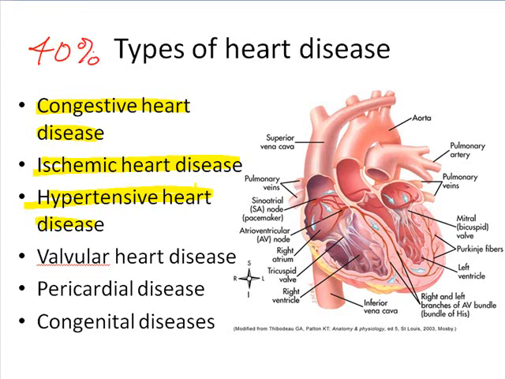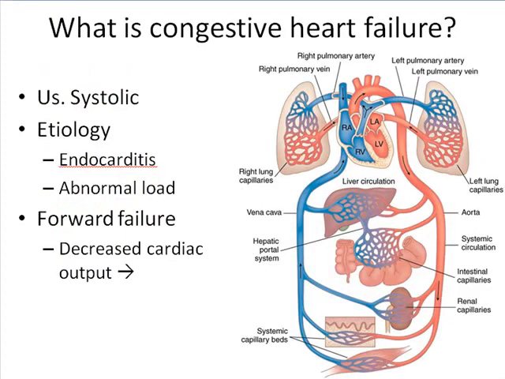And that's more than twice the number of deaths that are caused by all cancers put together. So all these different types of heart diseases are very, very common types of diseases that occur in the population. So it's good to know and understand these because they account for such a large number of deaths in industrialized countries. Okay, that being said, now we can go on and start talking about congestive heart disease.